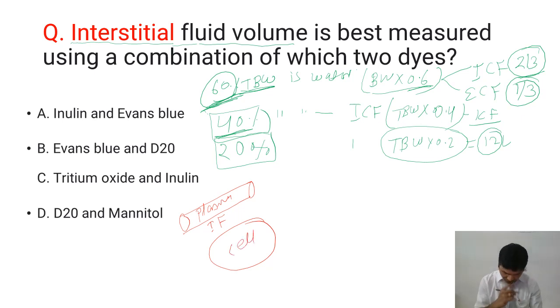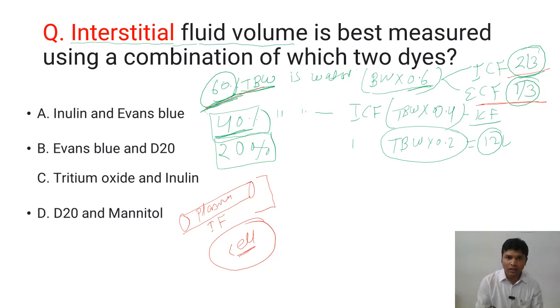As per this, 2/3 of body water is inside the cell. 1/3 of body water is extracellular fluid, which is interstitial fluid and plasma. So this is 1/3.